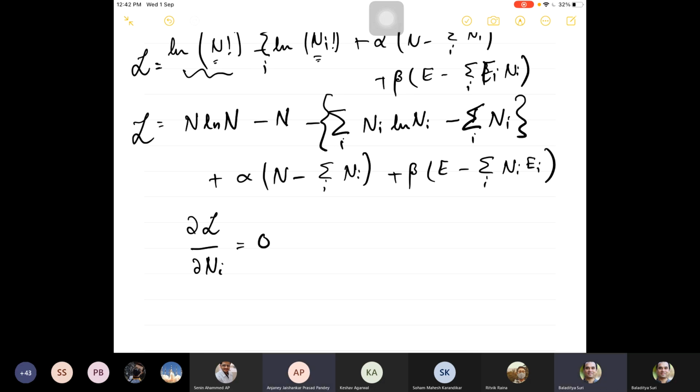The ei's are fixed, yes. The ei's are fixed because they correspond to the states A1, A2, and so on. E1 is the energy of A1, E2 is the energy of A2, and so on. So the energies ei are fixed. And I'm telling you that the system can only exist in these states, A1, A2, and so forth.